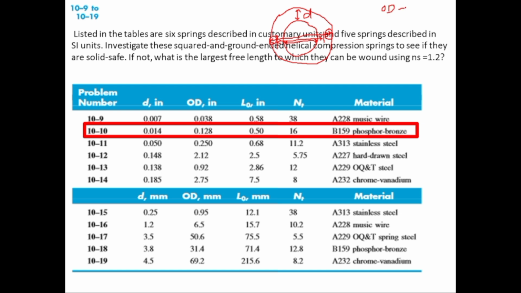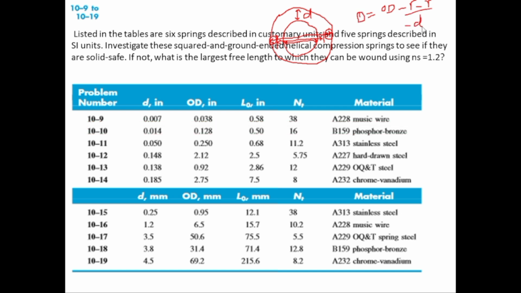So OD minus d, and another d, minus d will give you D, the mean coil diameter. So D is equal to OD minus d. This is how we can find the mean coil diameter, which is equal to OD minus wire diameter, small d. As external diameter OD is equal to 0.128 inches and wire diameter is equal to 0.014, putting these values, it will give you mean coil diameter D is equal to 0.114 inches.